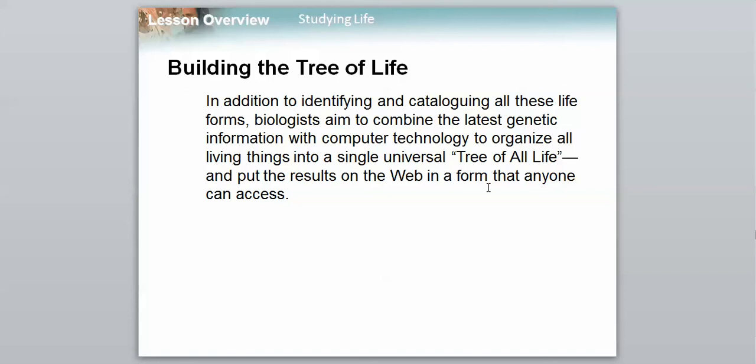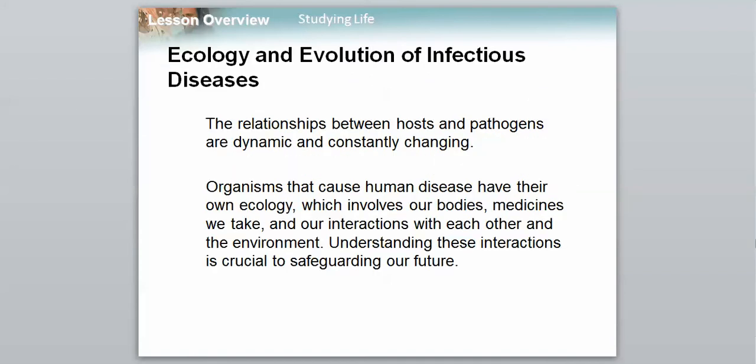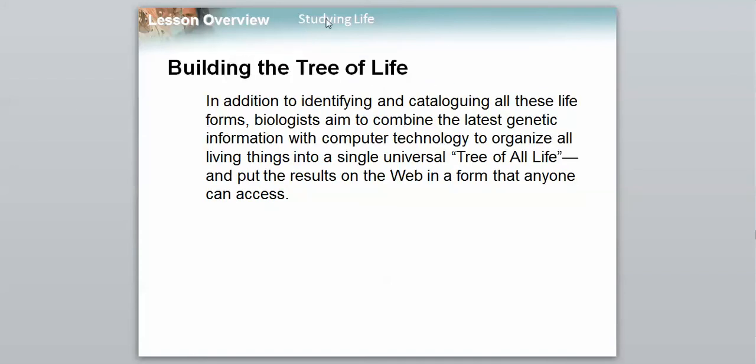So there's something big going on right now where they're trying to look at the genes of every single living organism, compare how similar those genes are to one another, and organize how everything is related based off of their similarities in their genes. That is a huge undertaking going on right now. We are identifying living things, but now we are actually trying to take a look at their genes as well. So that is building the tree of life.